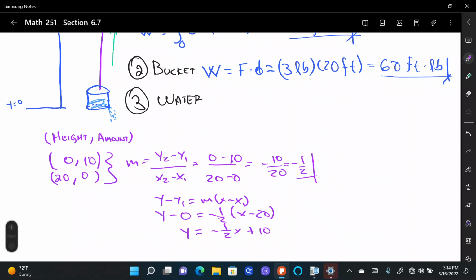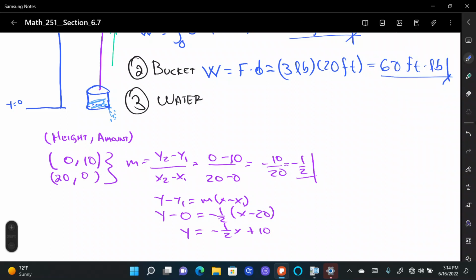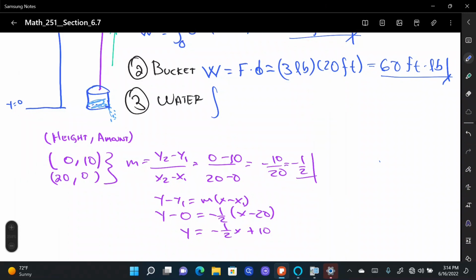All right? So that's the function that we will integrate for the water. Notice in this case we're already involving displacement and amount of water. So all we have to do is integrate this with respect to y. The integral from 0 to 20 of the function negative 1/2 x plus 10.